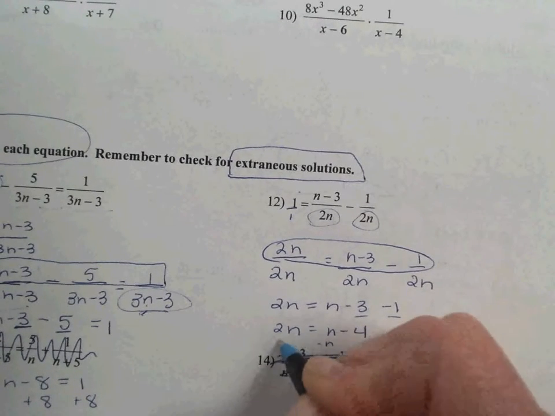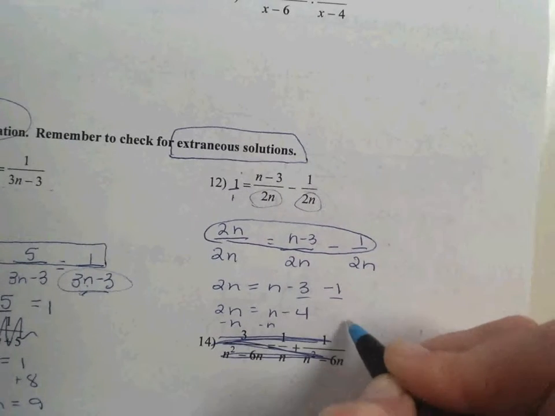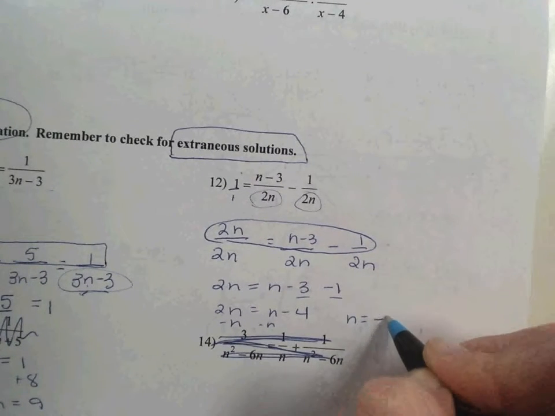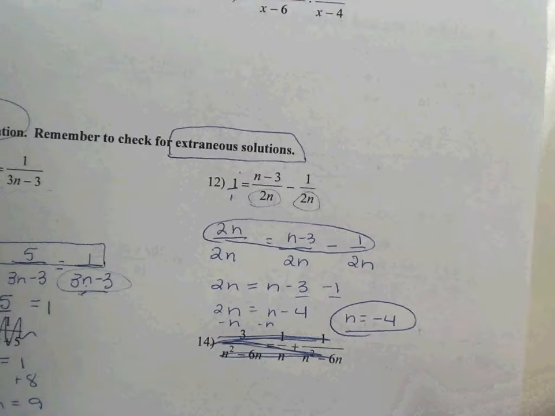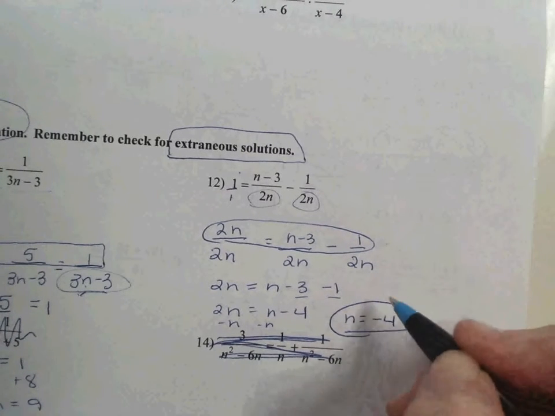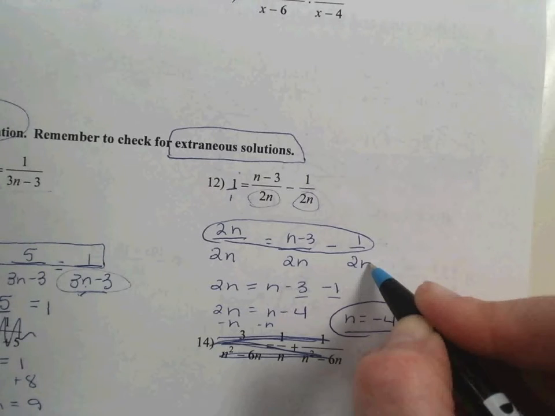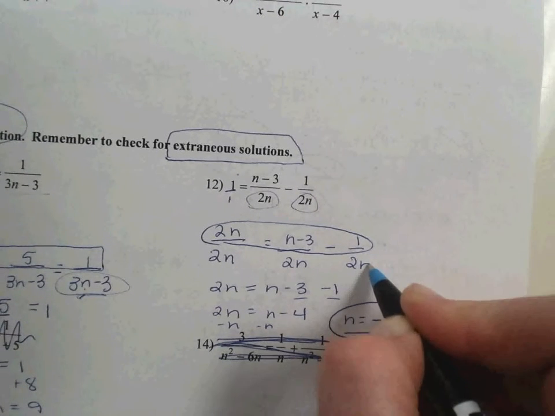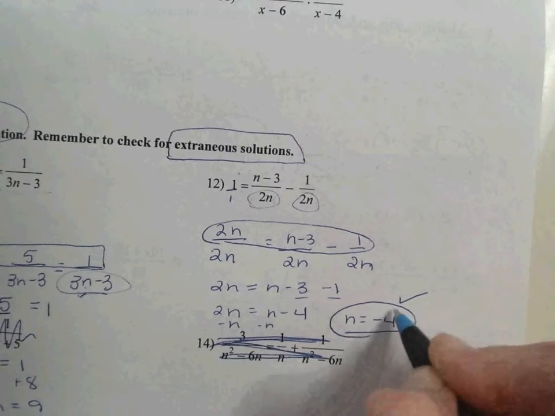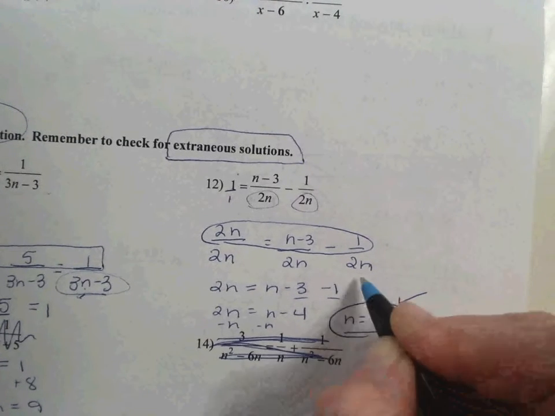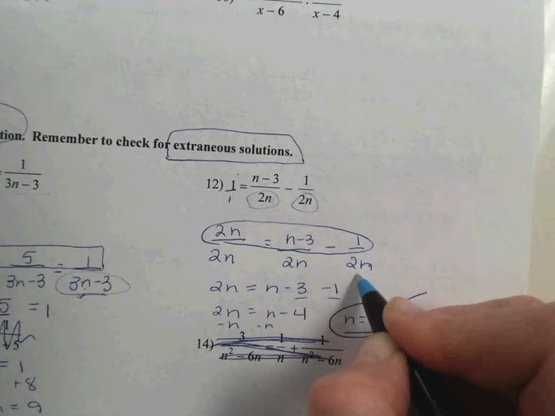I'm going to need to subtract n, which just gives us n equals negative 4. And I double check, is that extraneous? I plug it in. 2 times negative 4 is negative 8. As long as it's not 0, we're good. I plug the negative 4 back into the denominator and see if it equals 0.